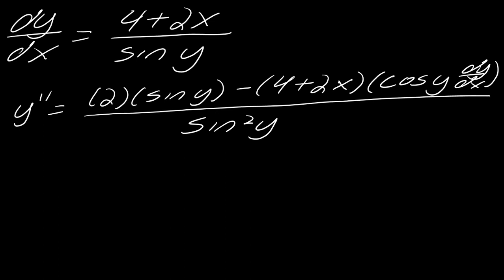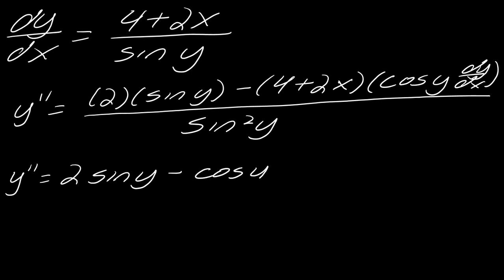And so now from here, we have that same situation from last time, so it's just a game of how far you're going to simplify this. I'm going to write this out as 2 sine y minus, let's see, I'm going to bring the cosine y out in front. I'll leave the 4 plus 2x here.